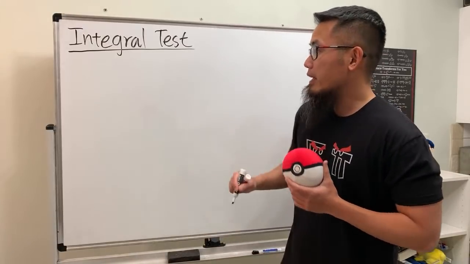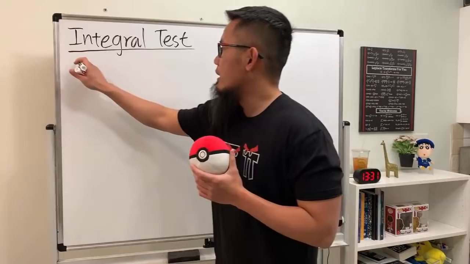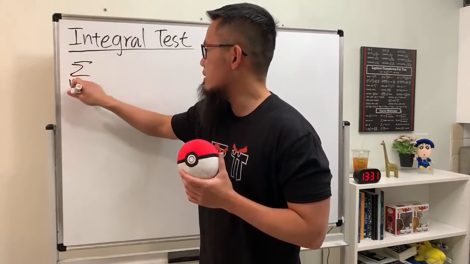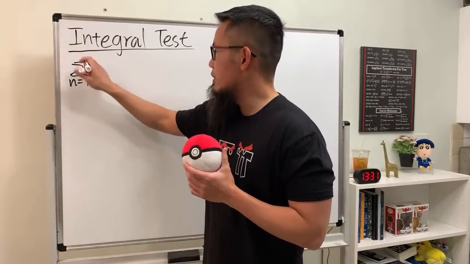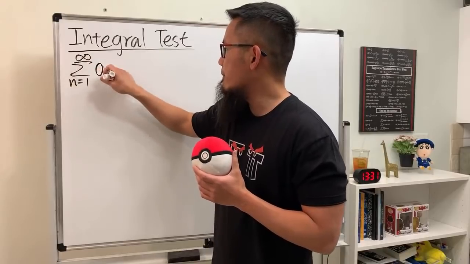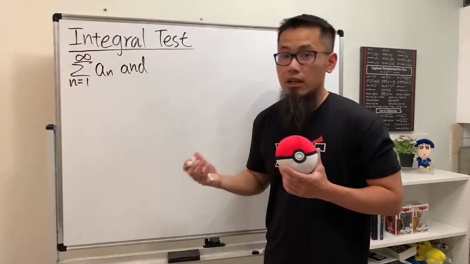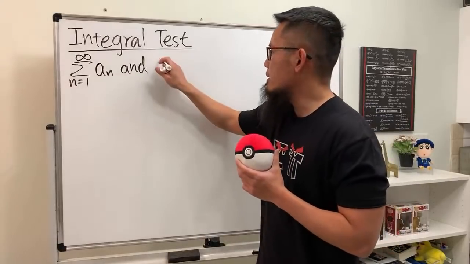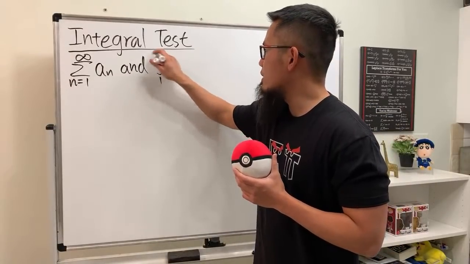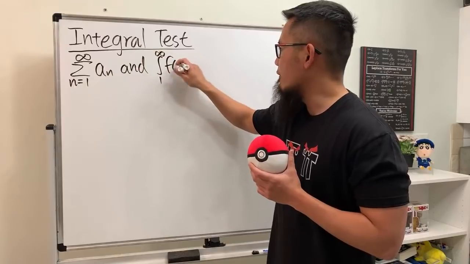So anyway, the integral test says the following. If you're trying to work out the infinite series, let's say the infinite series going from 1 to infinity of a_n, what you have to do is just go ahead and change it to its corresponding improper integral. So we'll just go from 1 to infinity, right? Match the numbers, and then we have the function version of this.